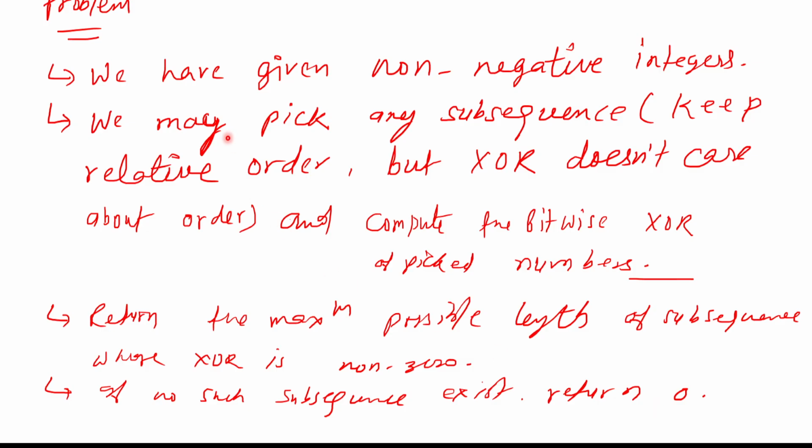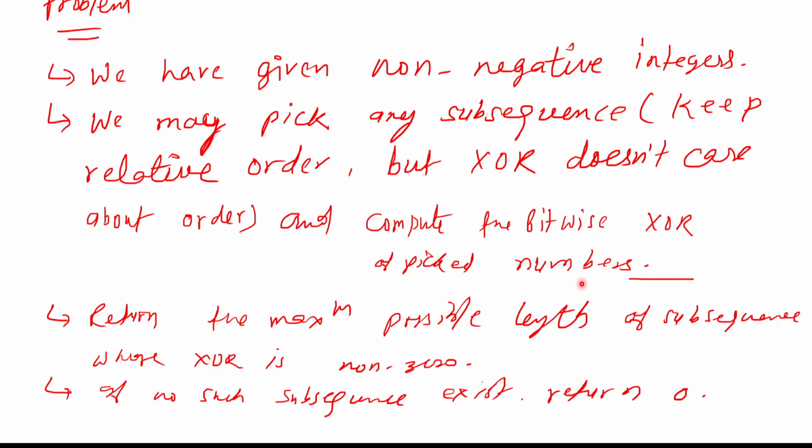We are given a non-negative integer array, and we may pick any subsequence, right? We want to keep the relative order, but here the point is that when we do the XOR, XOR doesn't care about the order. And we compute the bitwise XOR of the picked numbers.